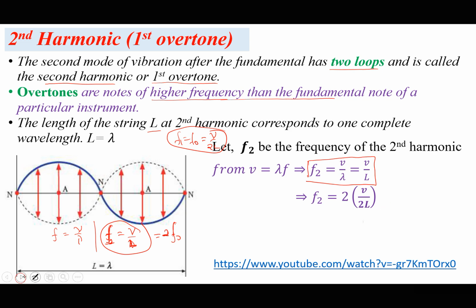When we simplify, F2 is equal to twice F0, or twice F1. In other words, the frequency of the second harmonic is twice the frequency of the first harmonic, or twice the fundamental frequency.